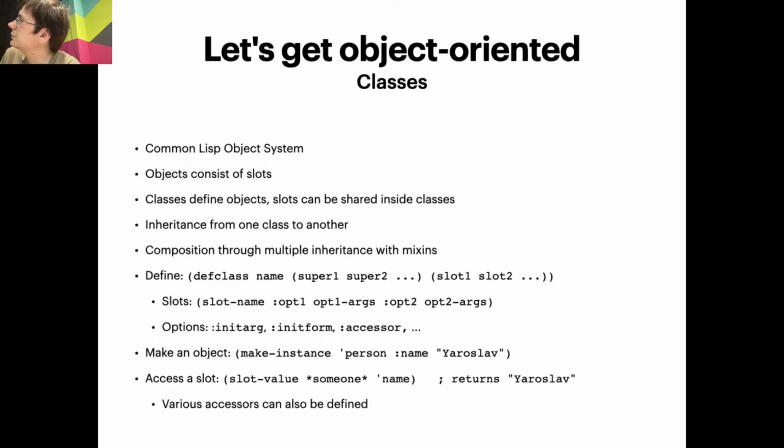You define classes with the defclass form. You supply the name, all the superclasses, and then the slot specifiers. The slot specifiers start with the slot name, and then its arguments.